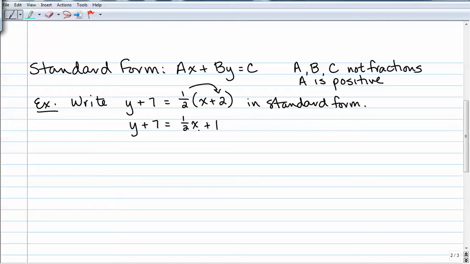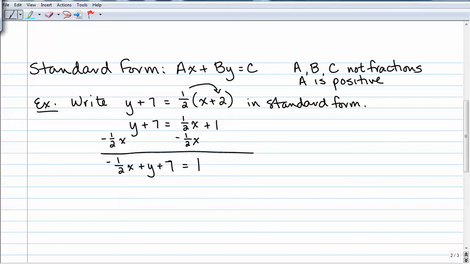Now I need to have my x and my y on the left-hand side of the equal sign. So to do that, I'm going to start by subtracting 1/2 x from each side. And that will give me -1/2 x plus y plus 7 equals 1. Okay?